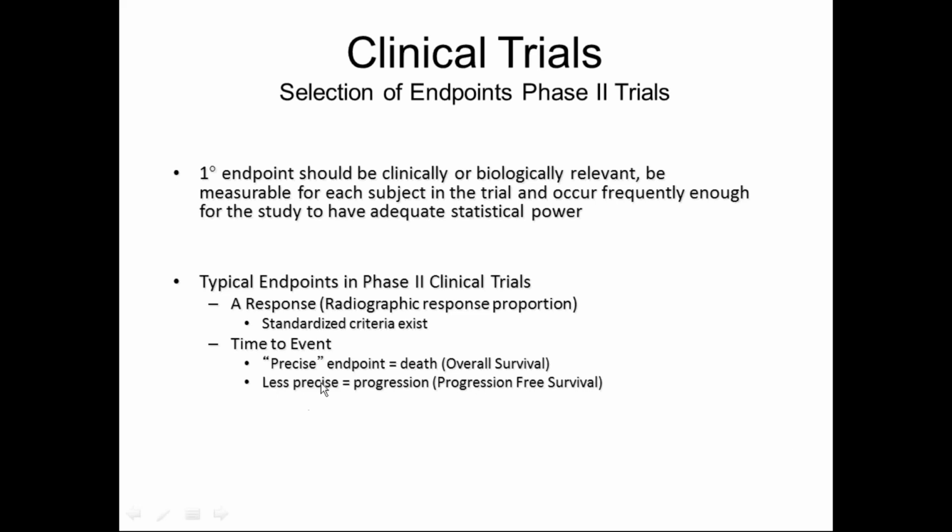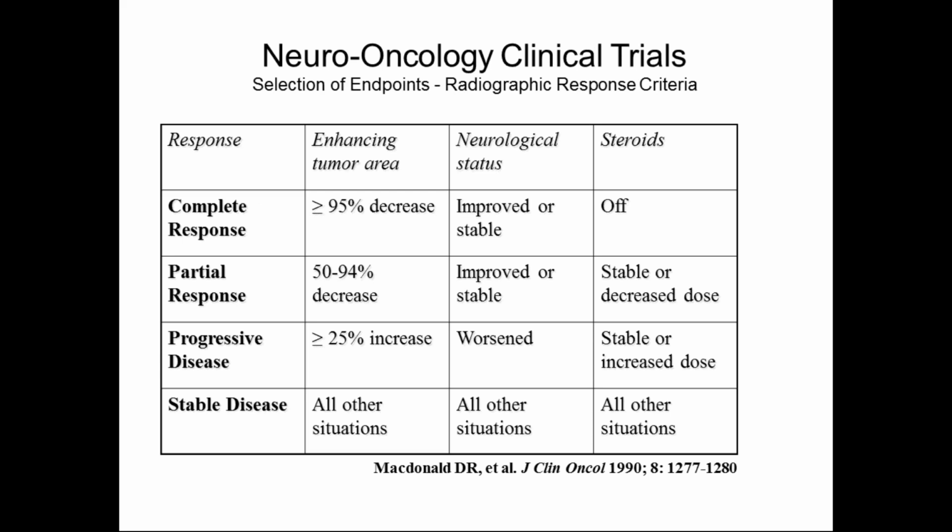Another way, which is a little bit less precise, is called progression-free survival, or time to the event. So patient is diagnosed, they get treatment, and then they're in observation. You're waiting to see how long it is before that cancer comes back. This can sometimes be a little more challenging to measure depending on the disease. Now, in neuro-oncology, remember we talked about you need to have criteria that define these events.